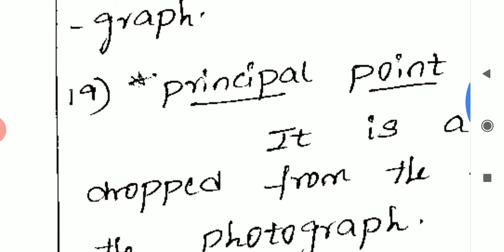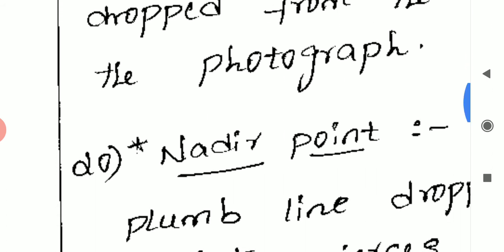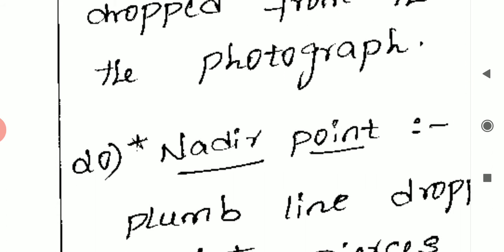Okay, the next one is principal point. Principal point is the point where the perpendicular dropped from the front nodal point strikes the photograph. Nadir point is the point where the plumb line dropped from the front nodal point pierces the photograph. It is nothing but the point nearest to the downward direction.